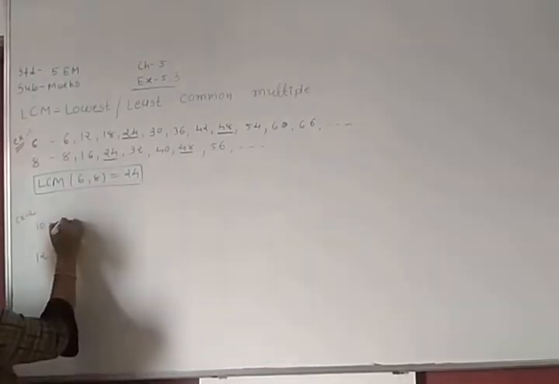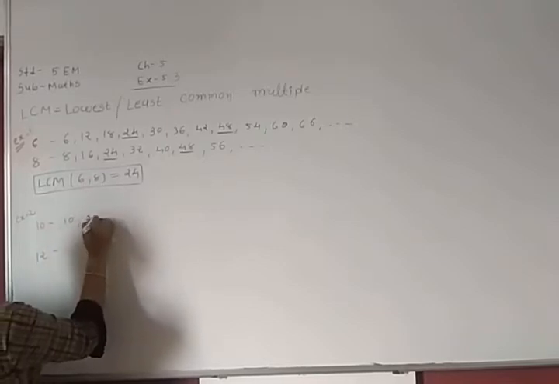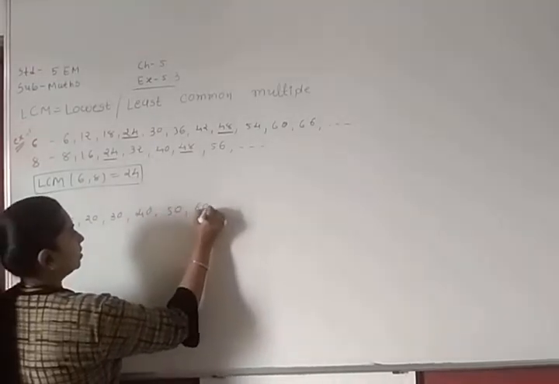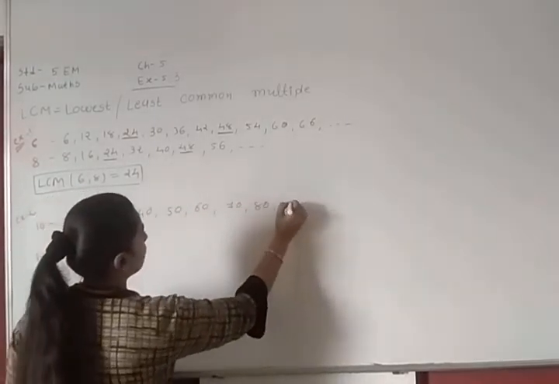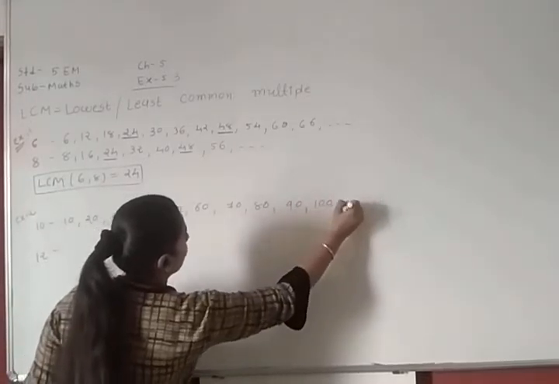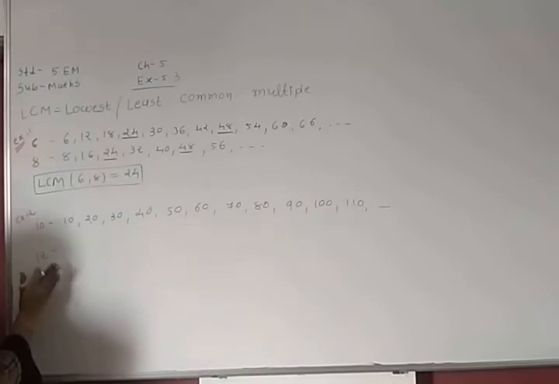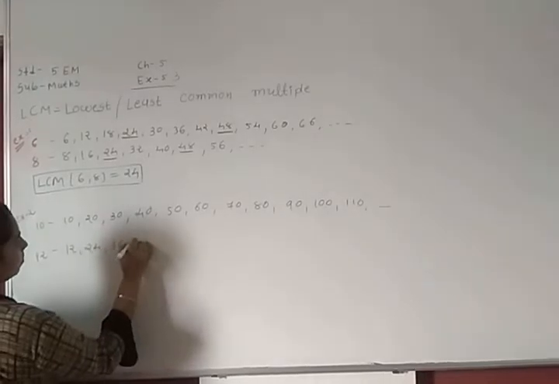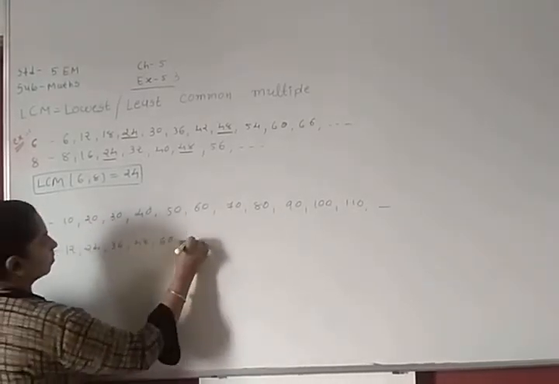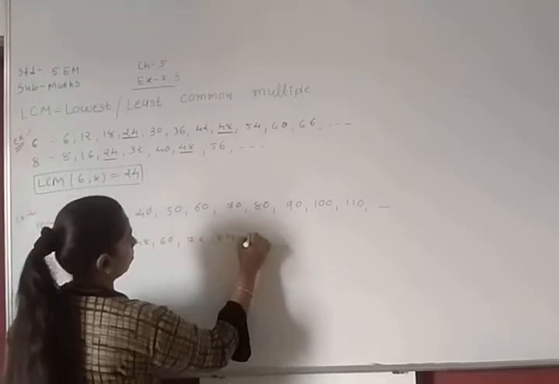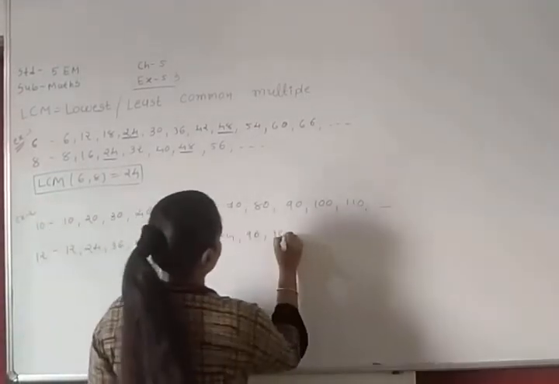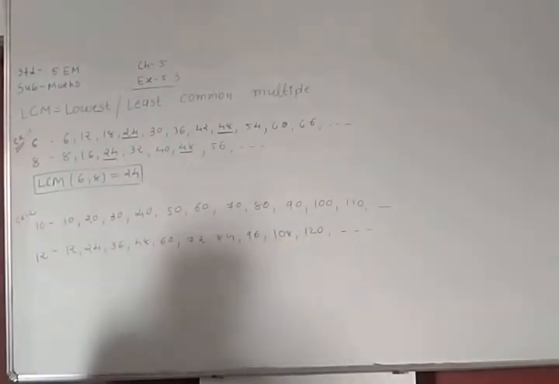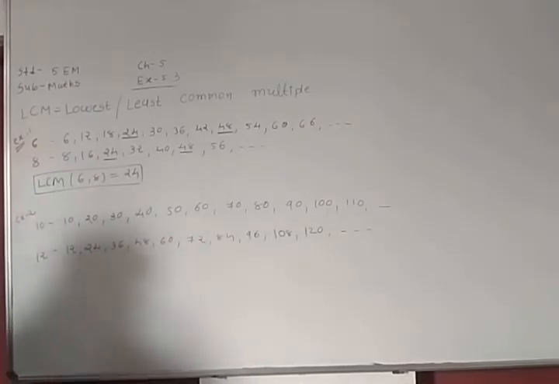So let me write all the multiples of 10. 10, 20, 30, 40, 50, 60, 70, 80, 90, and so on. Now go for 12. And so on. Now we have to find the common multiples of 10 and 12.